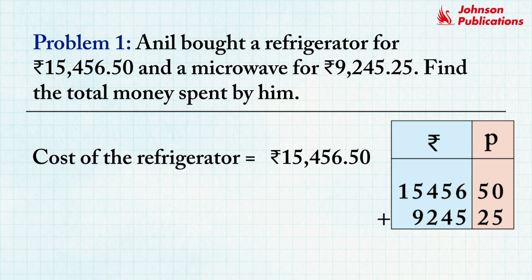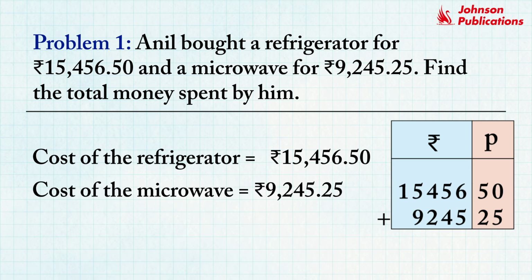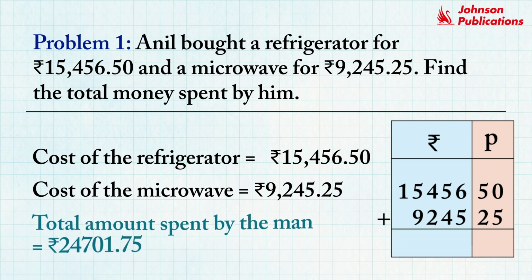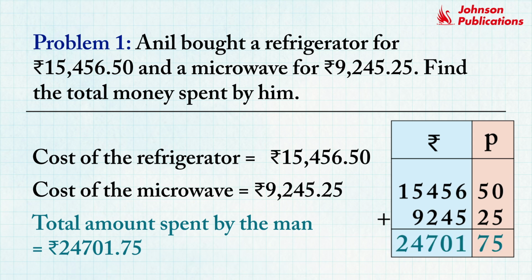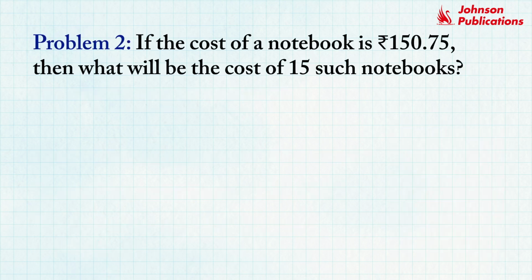Cost of the refrigerator equals rupees 15,456.50. Cost of the microwave equals rupees 9,245.25. Total amount spent by the man equals rupees 24,701.75.